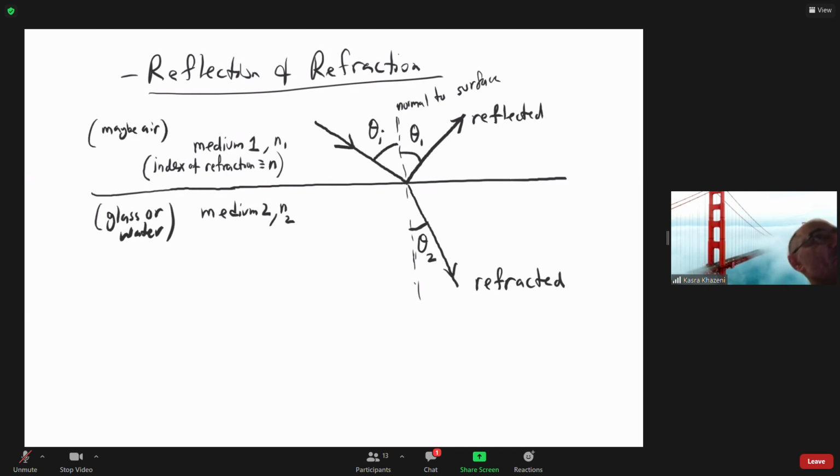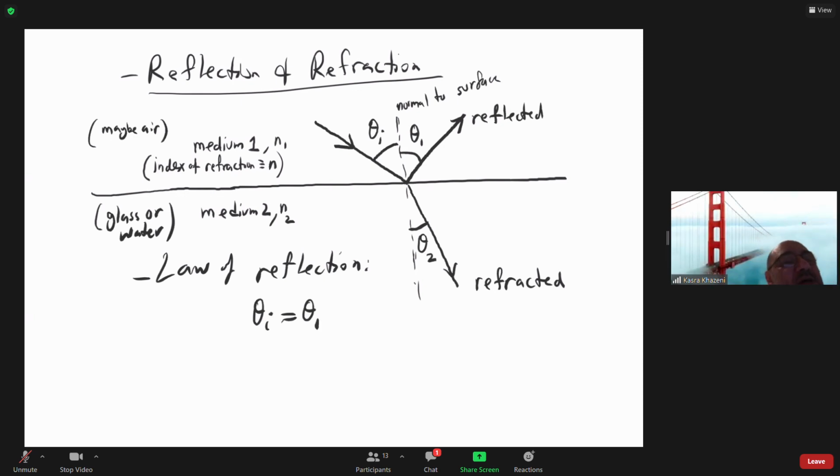And so the law of reflection says the incident angle is equal to the reflected angle. You can see the two angles are exactly equal for the reflected beam versus the incoming beam. Now, the law of refraction is obviously different.